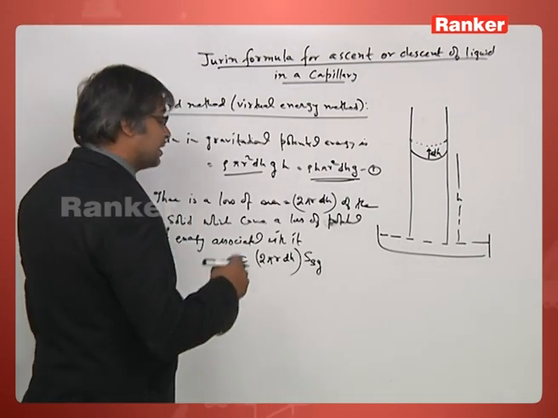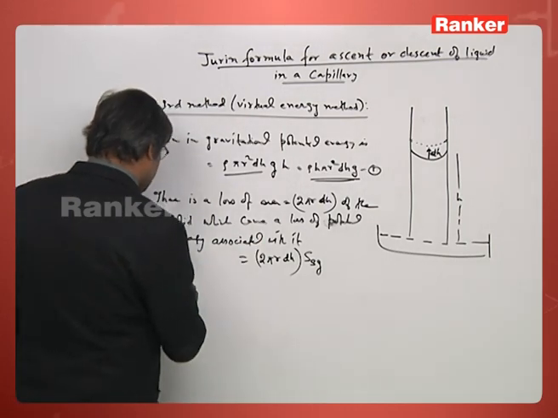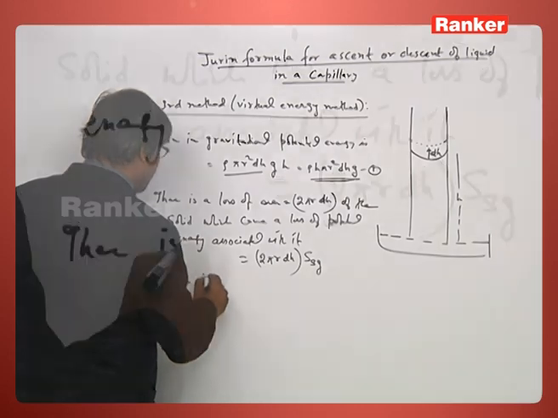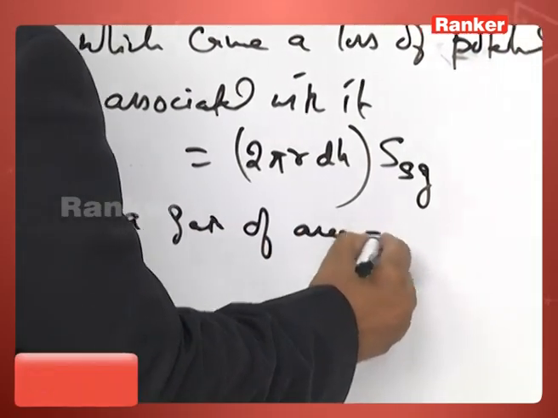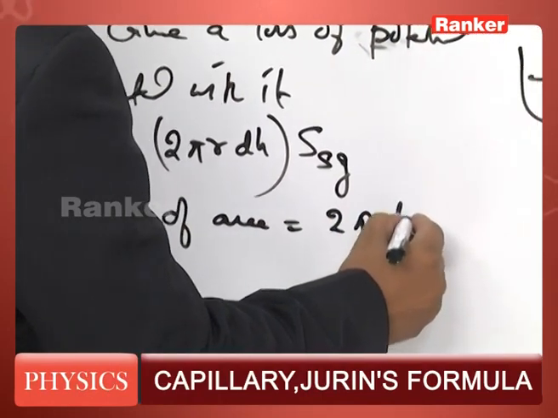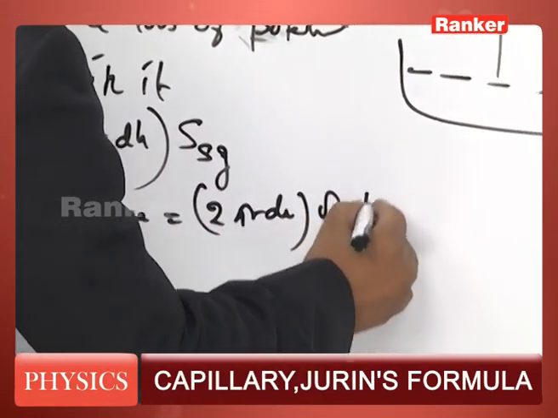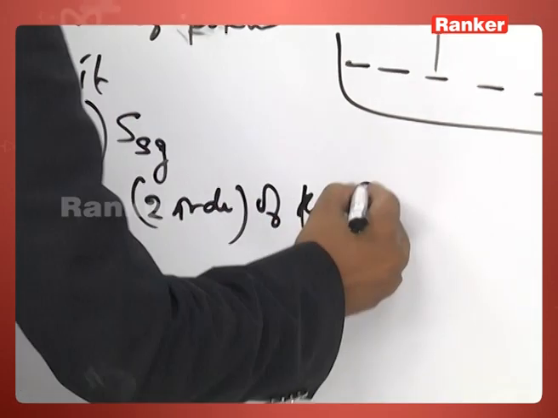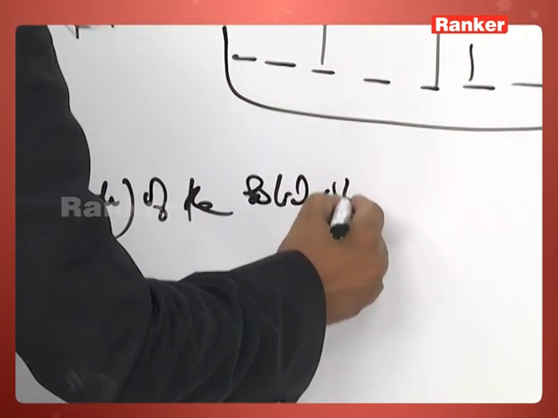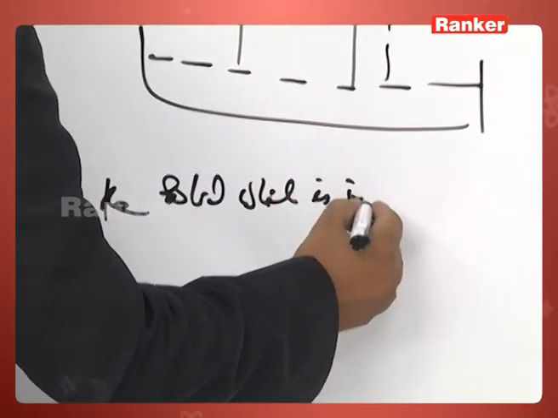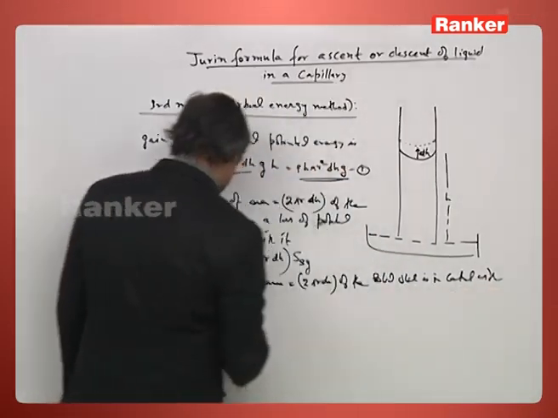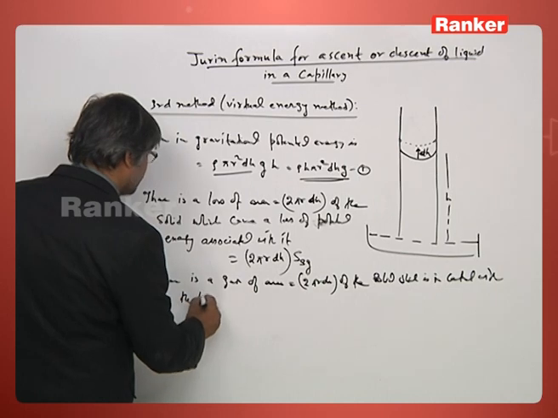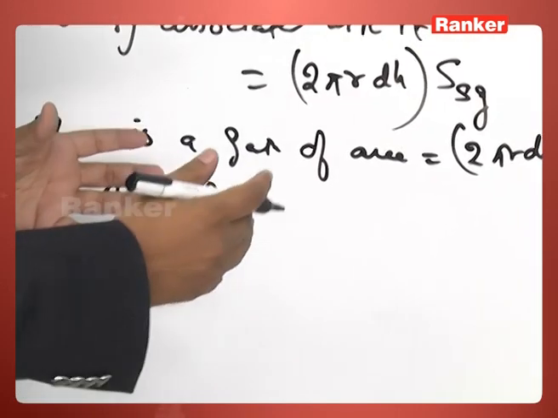Next, something is also gained. Now, there is a gain of area equal to 2 pi r dh of the solid which is in contact with the liquid. So, this area is increased.